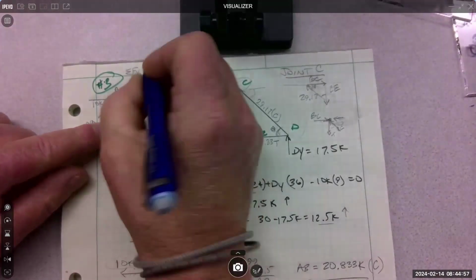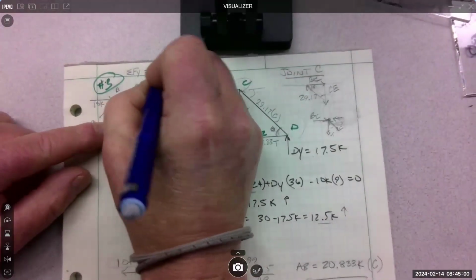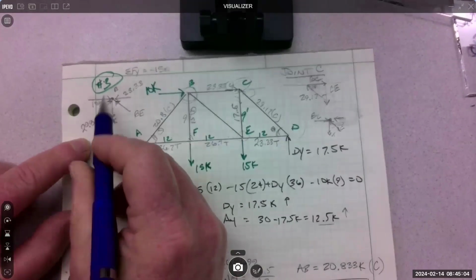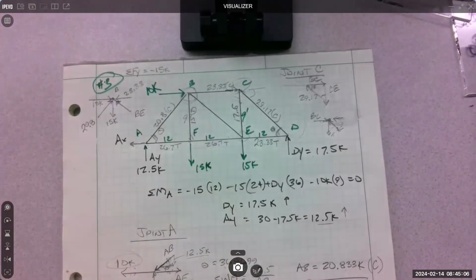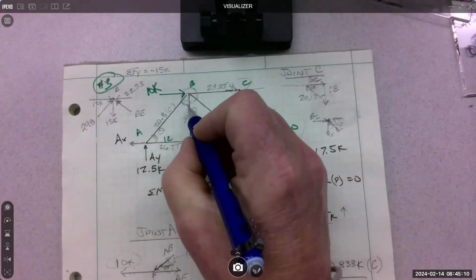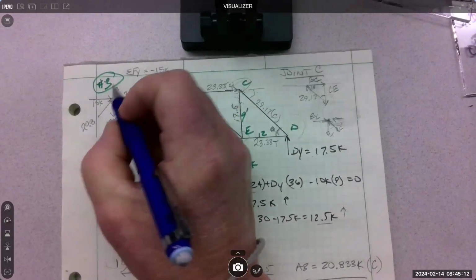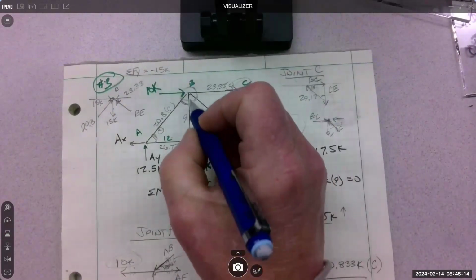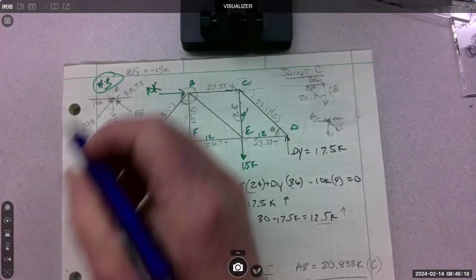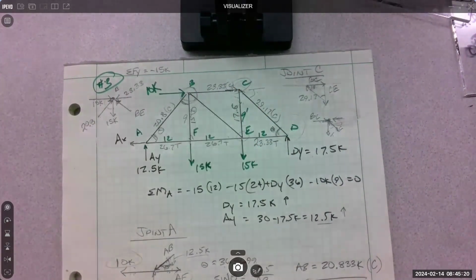So we got 15 down. I'll do the easy one first. And then we have the 20.8, and I need its Y component. So this angle here is the 53, between here and here. This angle here would be the 36.